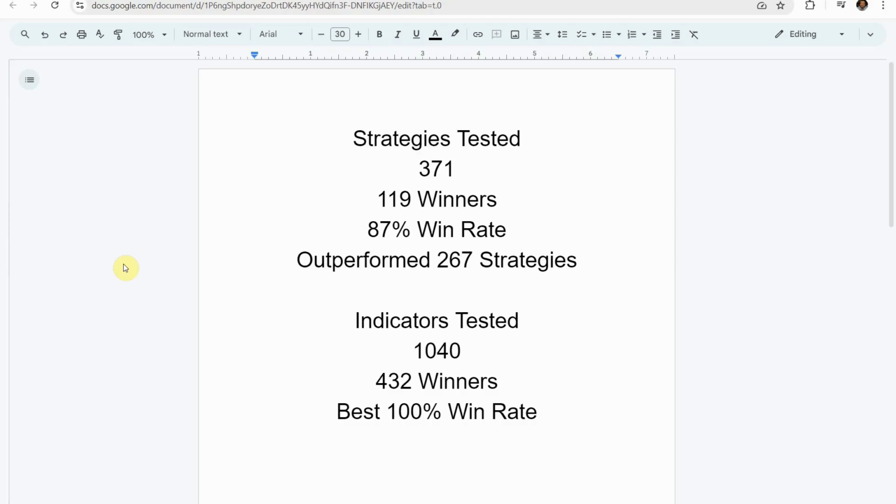The best one so far was able to achieve an 87% win rate. That was achieved using the Academy of Forex indicator. And so far, since we've been keeping track, it has outperformed 267 of the other strategies that we have put it up against, every single one so far. We've also tested a total of 1,040 indicators, with 432 of them being winners.